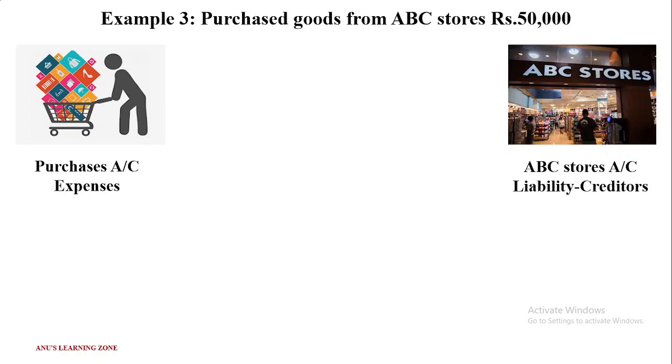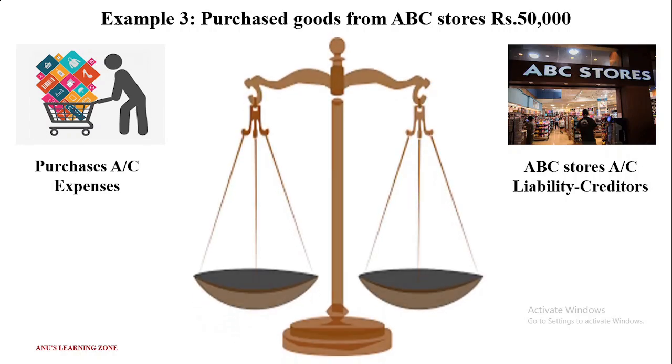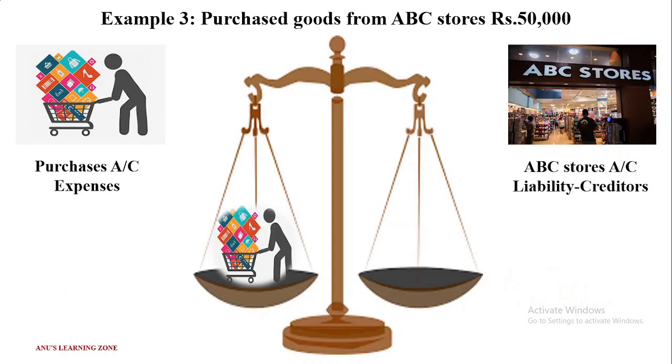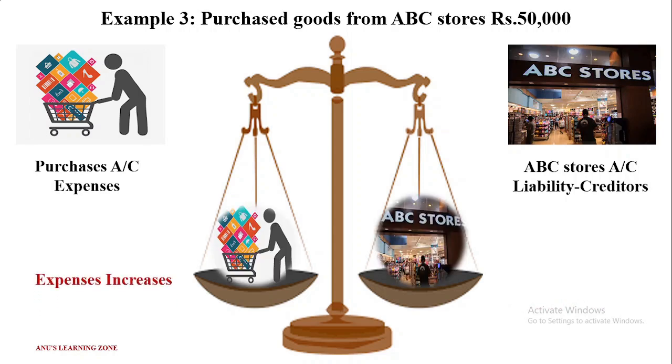Here both the expense and the liability are increasing. According to the rule, when an expense is increasing, we have to debit that account. Here the expense is the purchase account. We will not write "expense account"; we have to mention the particular expense name.